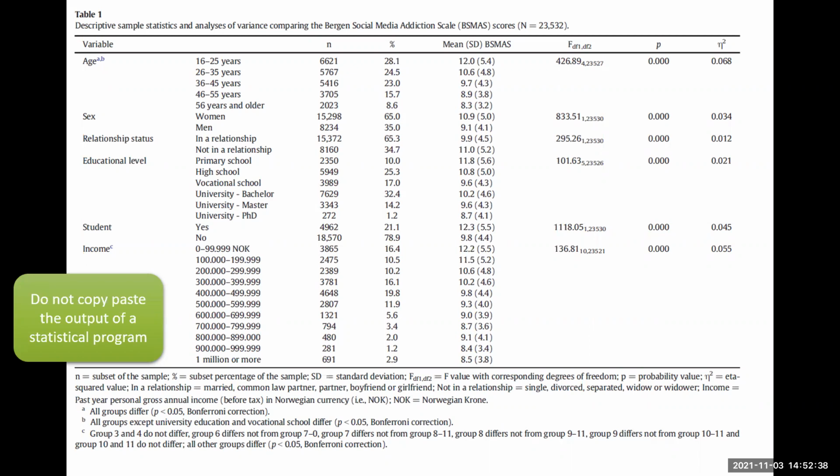It's usually in a completely different format, so it'll take some time, but it's worth it, and it shows to the editor that you are hardworking, you're careful about details, and you have not wasted the editor's time by just sending the output of a statistical program.